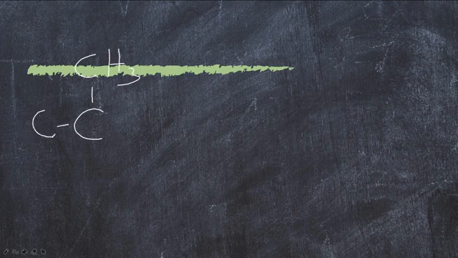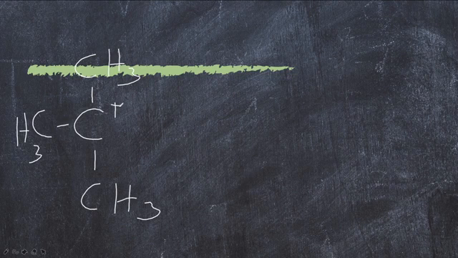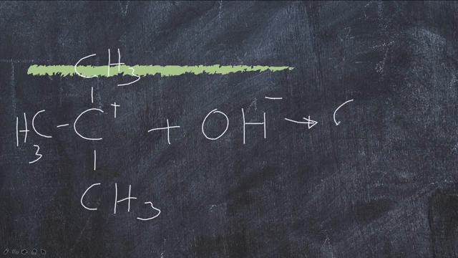Another CH3, another CH3, with a positive charge. We end up bonding with the nucleophile. I'll explain something later. It bonds with the nucleophile, this OH group, OH minus, and it leads to the formation of an alcohol.